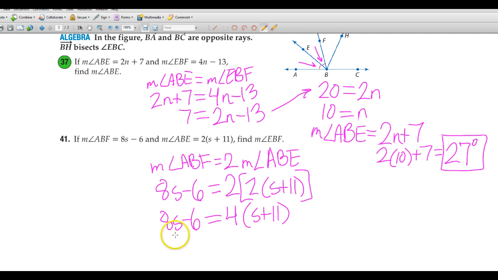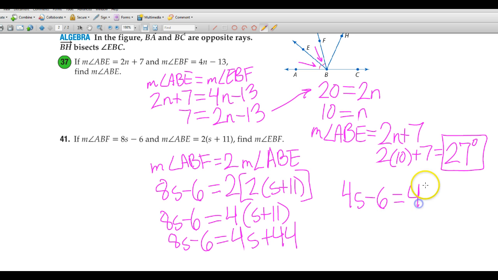And then distribute. And then subtract 4s from both sides. And we would add 6 to both sides. And then we would divide by 4. So s is equal to 12.5.